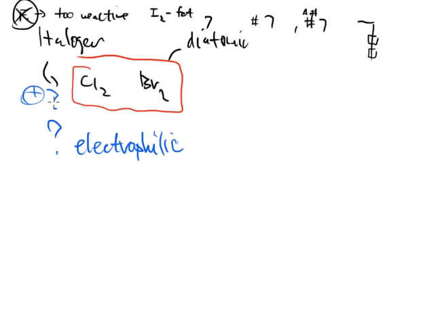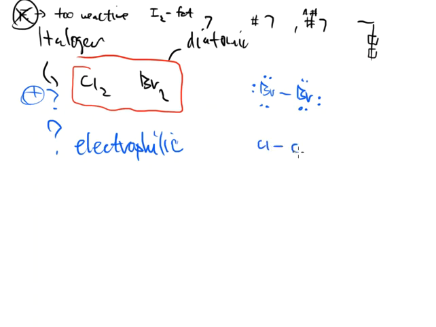Because there's 3 sets of electrons around those chlorines, and there's 3 sets of electrons around those bromines. What do I mean by that? Well, Br and Br are connected together. Each one of these has 7 valence electrons, which gives you a total of 14. 2, 4, 6, 8, 10, 12, 14. There's the Lewis dot structure of Br2.